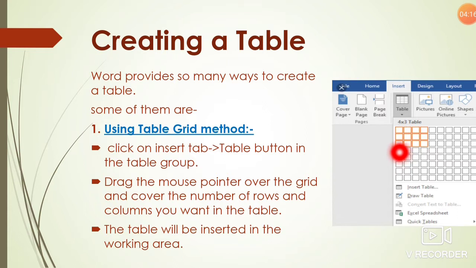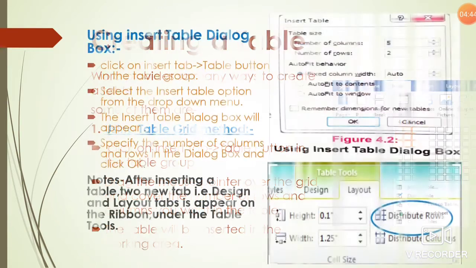Drag the mouse over the grid and cover the number of rows and columns that you want in your table, then select it, and automatically a table will be inserted in your working area. So what we will do: first click on the Insert Table button in the Table group, then drag the mouse over the grid and cover the number of rows and columns that you want in your table, then automatically the table will be inserted in your working area.